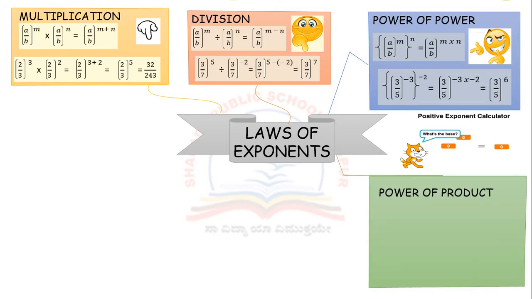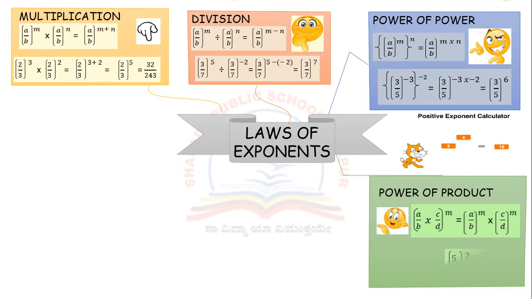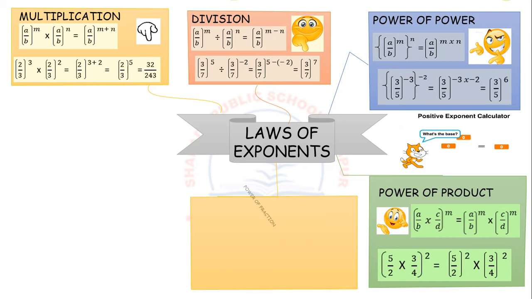Power of product rule. A by b into c by d to the whole power m is equal to a by b to the power m into c by d to the power m. Example, 5 by 2 into 3 by 4 to the power 2 is equal to 5 by 2 to the power 2 into 3 by 4 to the power 2. Power of fraction rule.